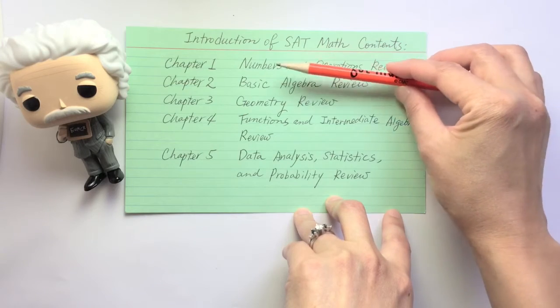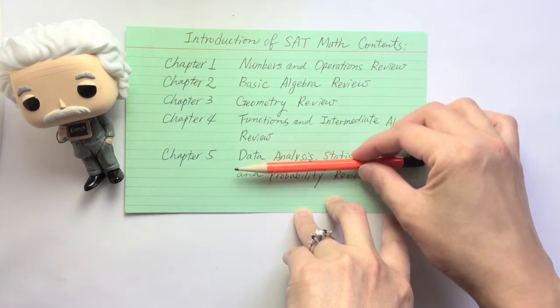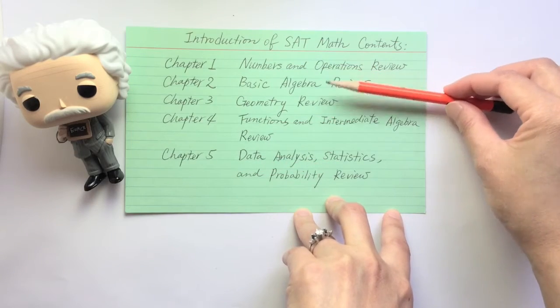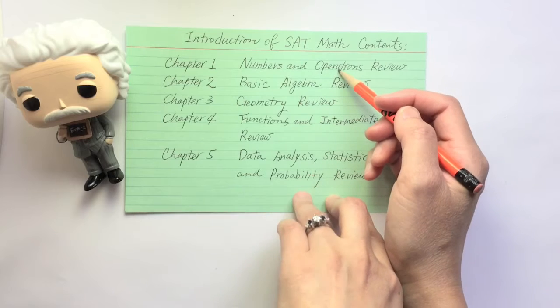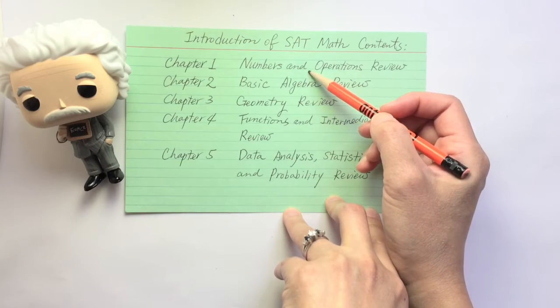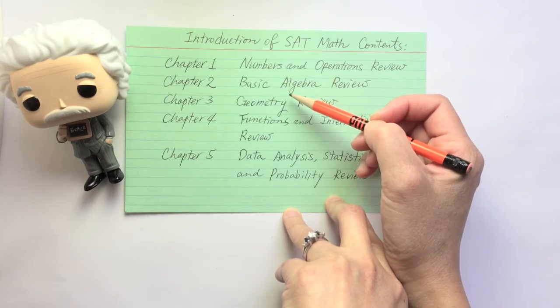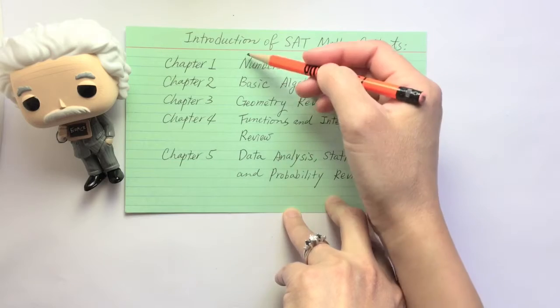So SAT is based on the math subjects, courses they learn in high school. So basically, numbers and operations in the first year of high school, and then the basic algebra, these 2 usually will be covered.